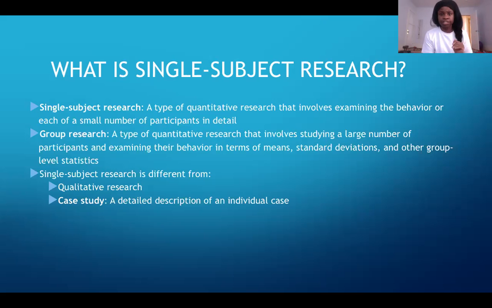Some of the disadvantages of a case study, I'll list them out for you as well. And again, you find them in the chapter. Okay. Case studies are poor substitutes for carefully designed group or single subject research studies. One reason specifically is that case studies usually do not allow researchers to determine whether events are causally related.